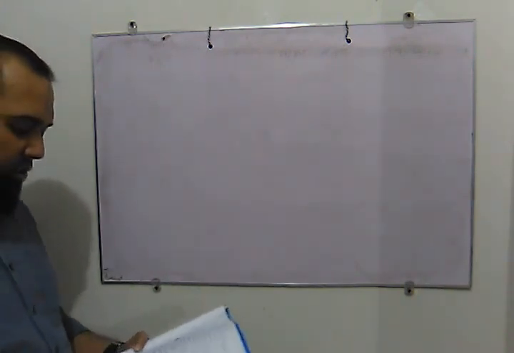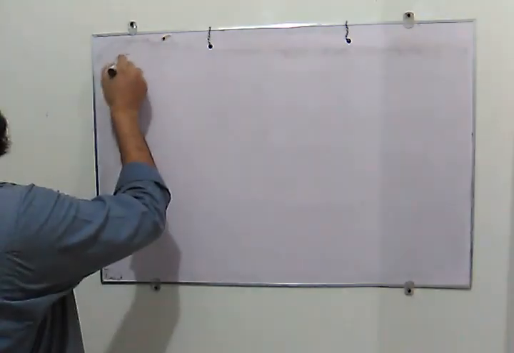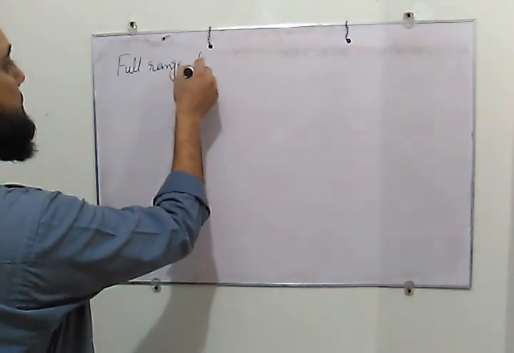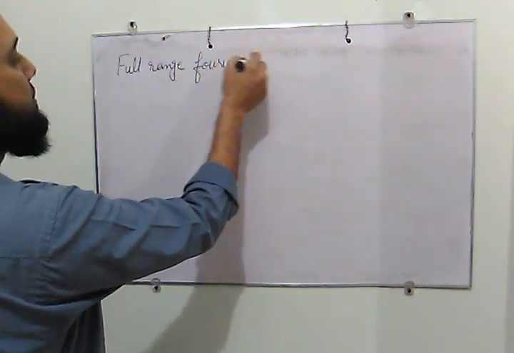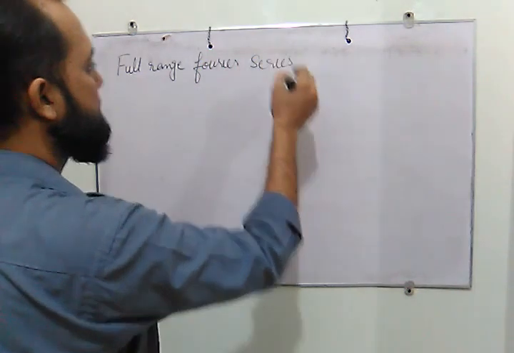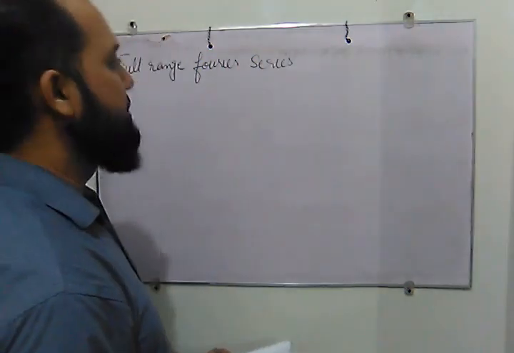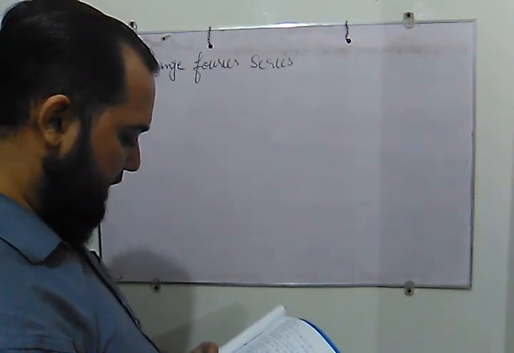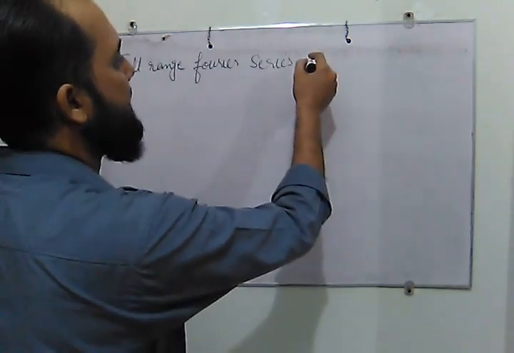So we have two types of Fourier series: full range Fourier series with period 2L and half range Fourier series with period 0 to L. So if we have a full range Fourier series, it means we add both the negative and positive x's. So the period is 2L.